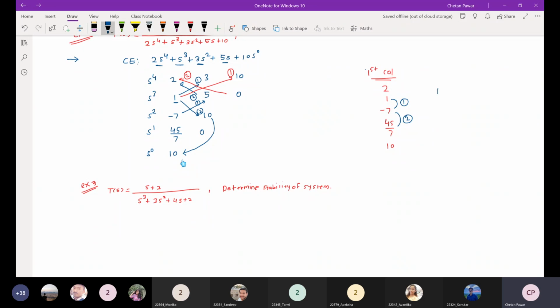So number of sign changes is equal to 2. So number of poles in RHP is equal to 2, right? So now here you can see the number of poles in RHP is 2. So can you tell me number of poles present in the LHP?